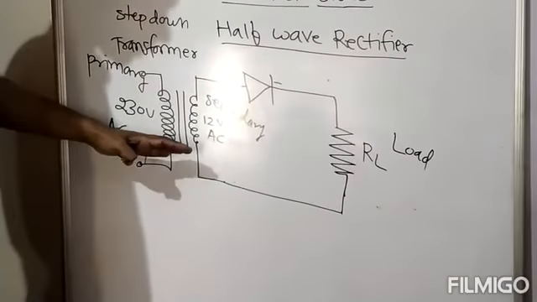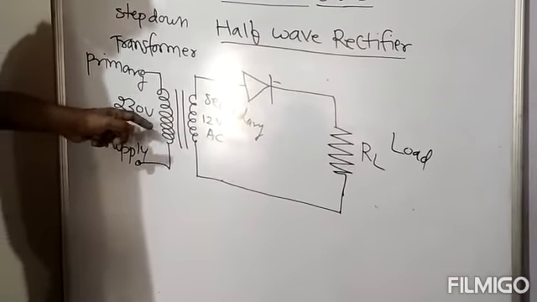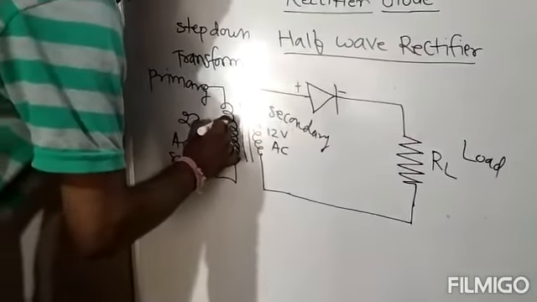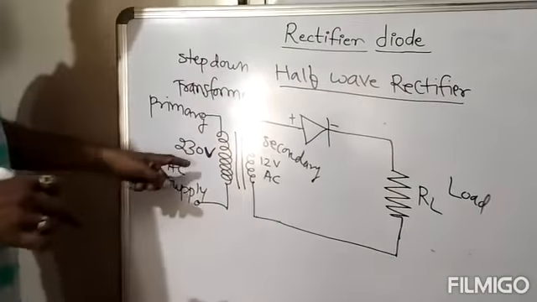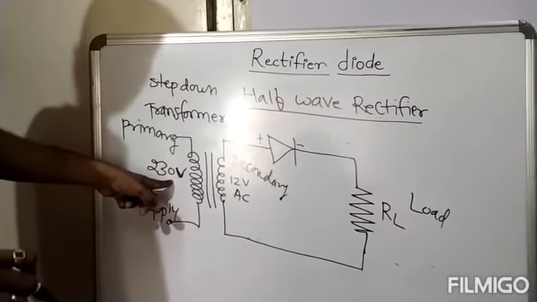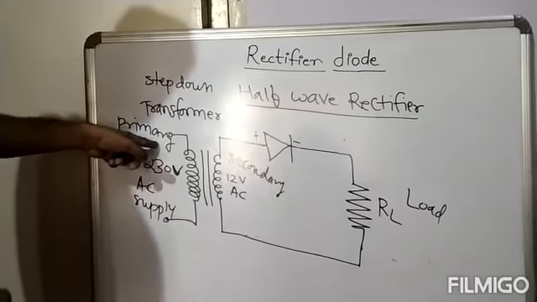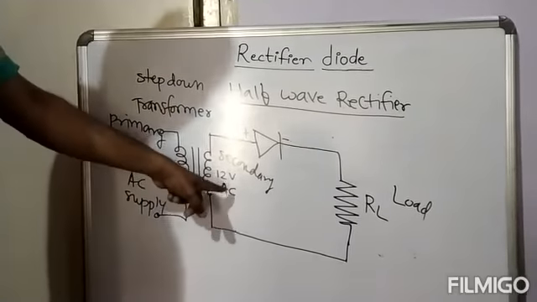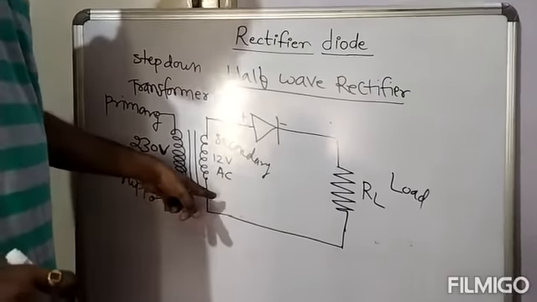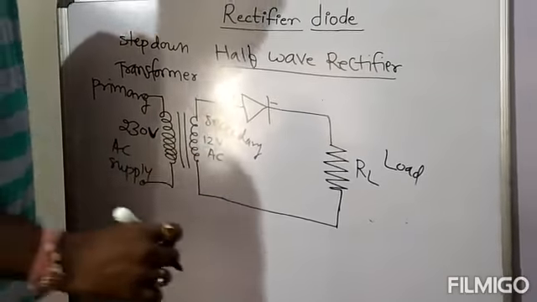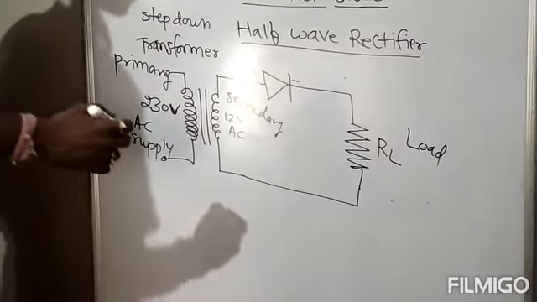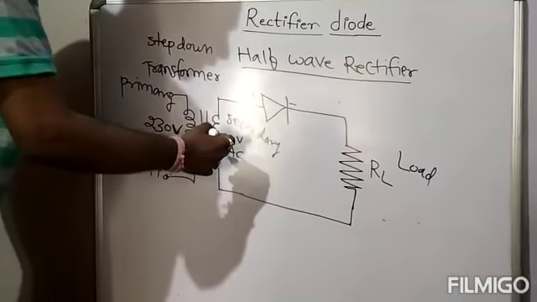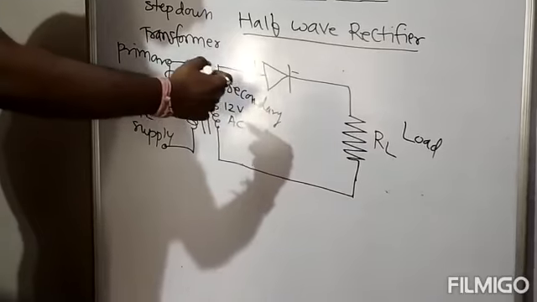It is an AC component which takes AC like our house supply, which is 230 volt. If we provide 230 volt to the primary section, from the secondary section we can get a 12 volt AC supply. There are different types of step down transformers of different ratings. Here we have a 230 volt to 12 volt rating.